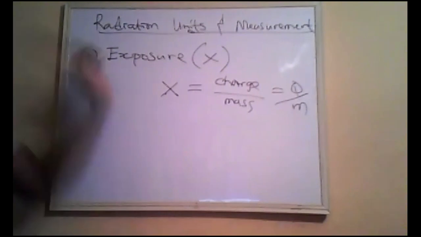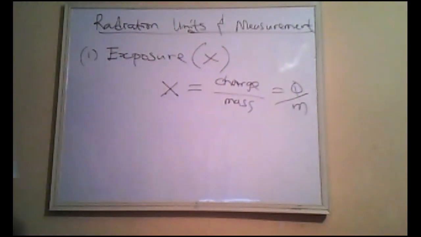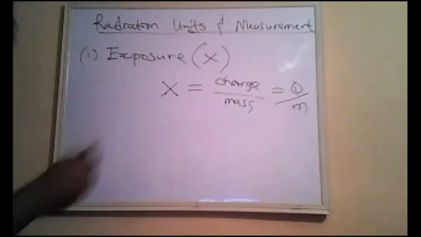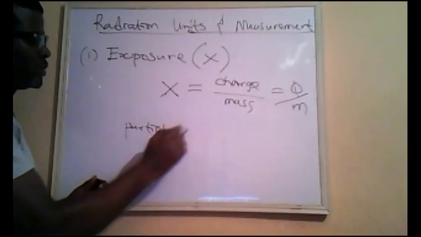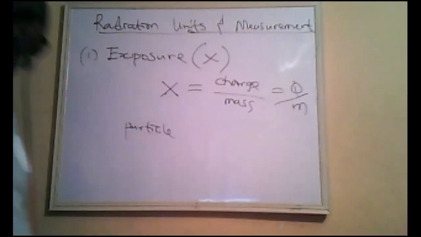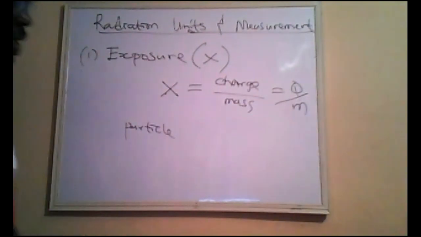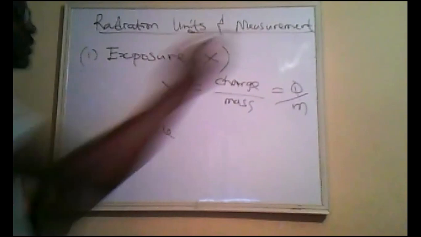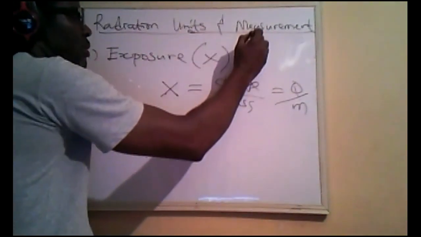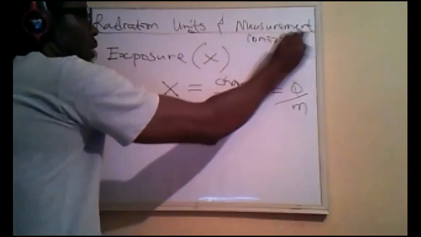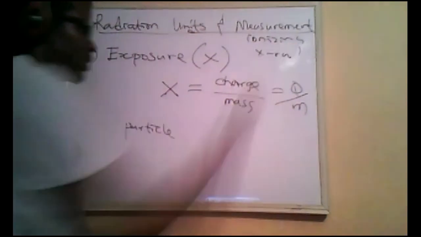Exposure has got to do with ionizing electromagnetic radiation only, not particulate radiation like electrons, positrons, beta, alpha rays. Only for ionizing electromagnetic radiation, that is X-ray and then gamma ray.